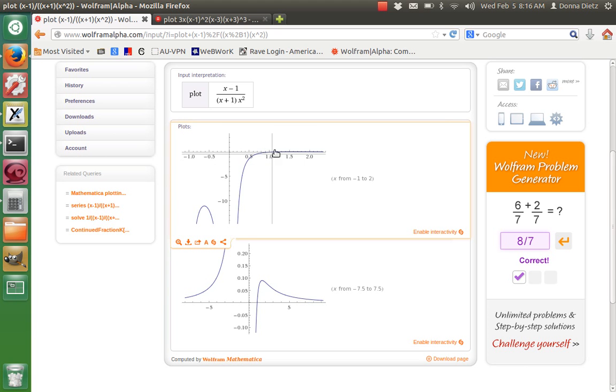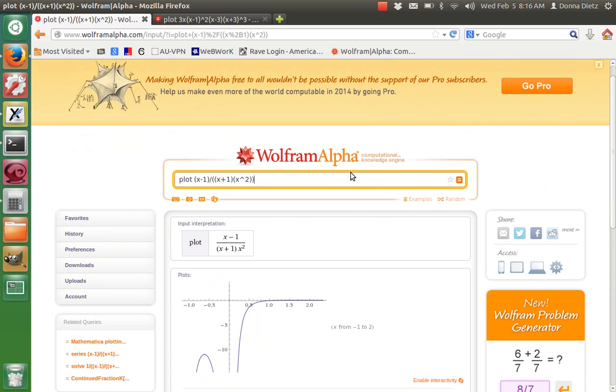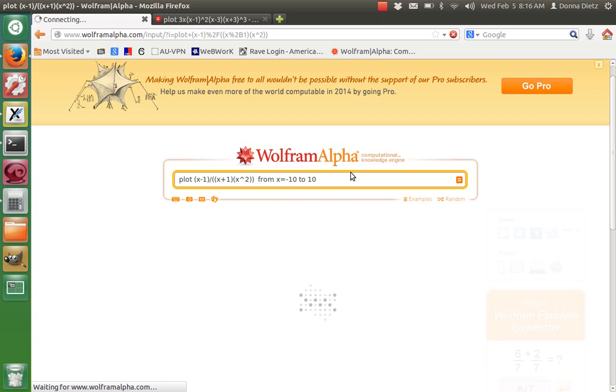But if you look at this size scale, it didn't show up. Weird. Okay, so actually I'm going to look at some different scales so I can get a sense of if my big scale is the same as what the plot really is, from x equals minus 10 to 10.